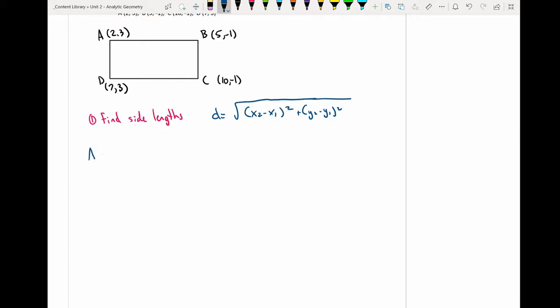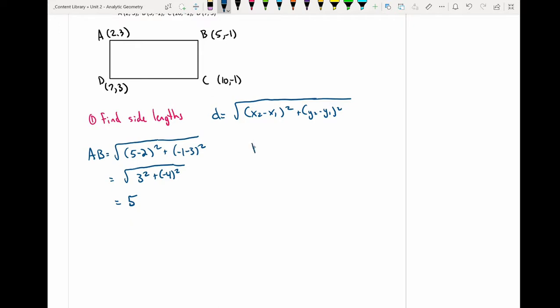So we're going to find the side length of AB. Here I have (5 minus 2) squared plus (-1 minus 3) squared. So I get the square root of 3 squared plus (-4) squared, and when I calculate that, I get 5.